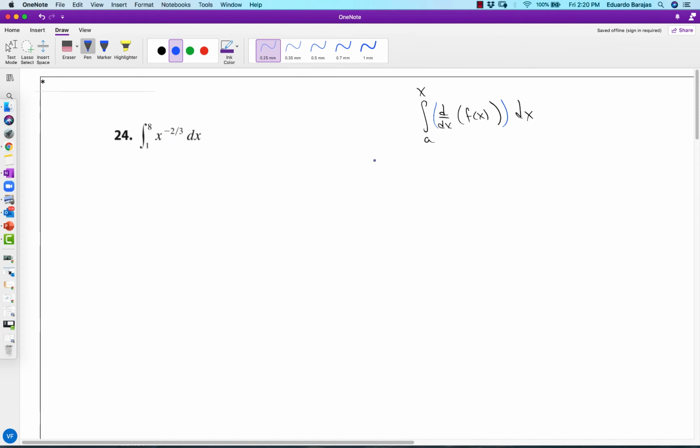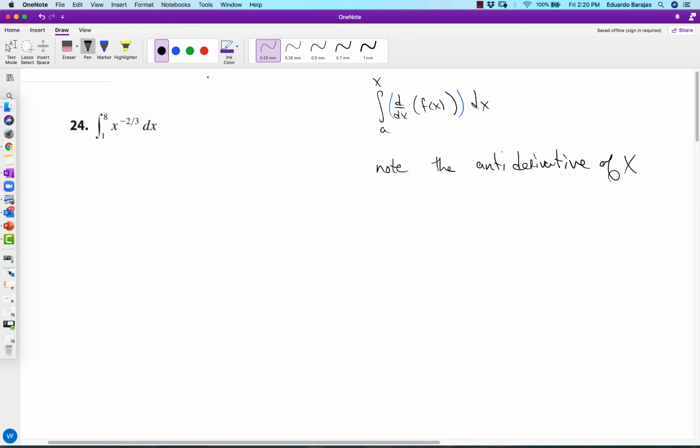So note that the antiderivative of x to the power of negative 2/3, x to the power of negative 2/3.